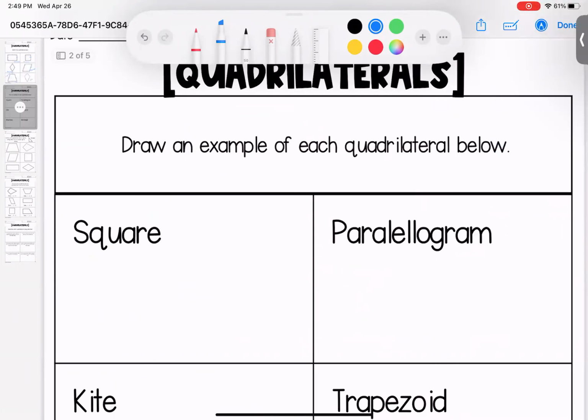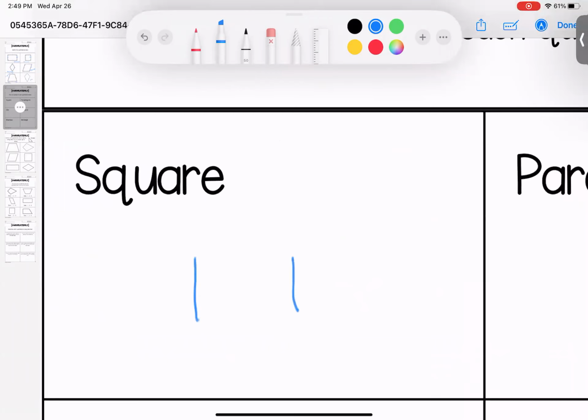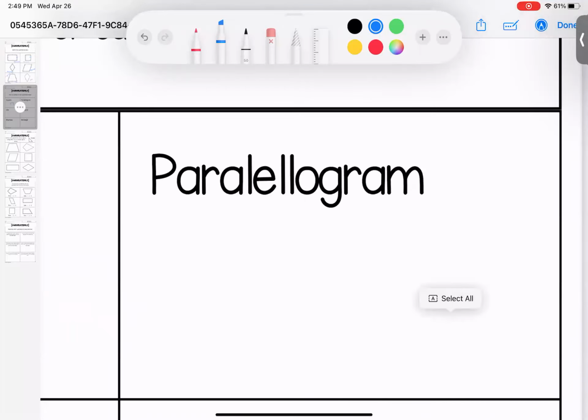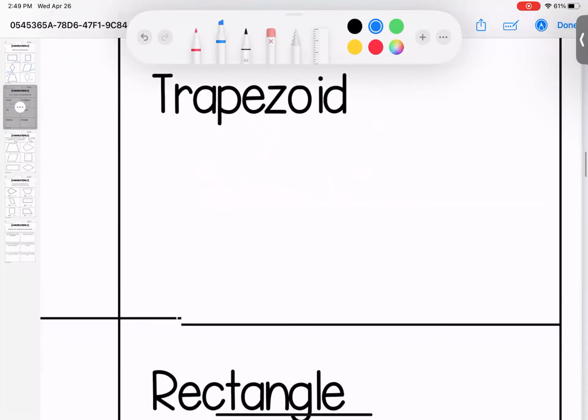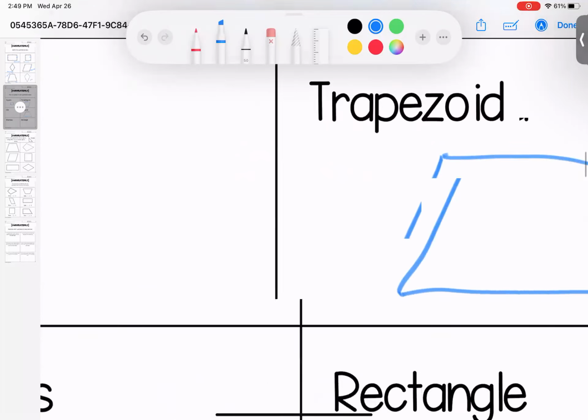All right, down on your next page, your goal is to draw a picture of these quadrilaterals. For a square, I have to have four equal sides with right angles. A parallelogram does not have to have equal sides. So I can have two longer sides and two shorter sides. Trapezoid: top side is short, bottom side is long, and I don't have parallel sides on the end.